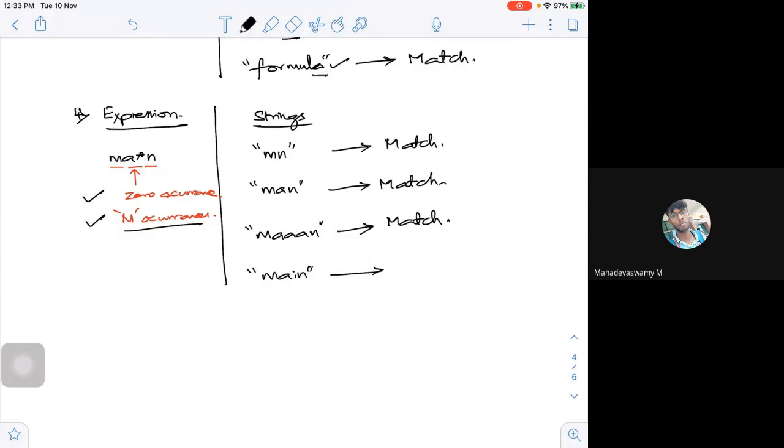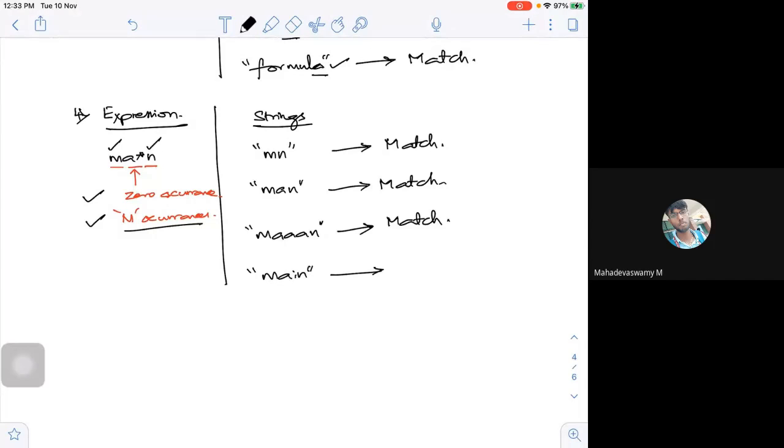See, here M should be the starting letter, N should be the end letter, and A can exist for 0 times or for more than 1 times, but A should be preceding your N. Just before your N, there A should exist.